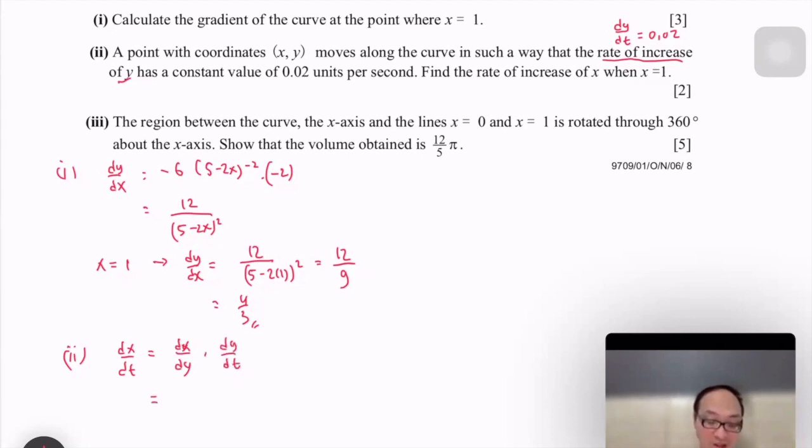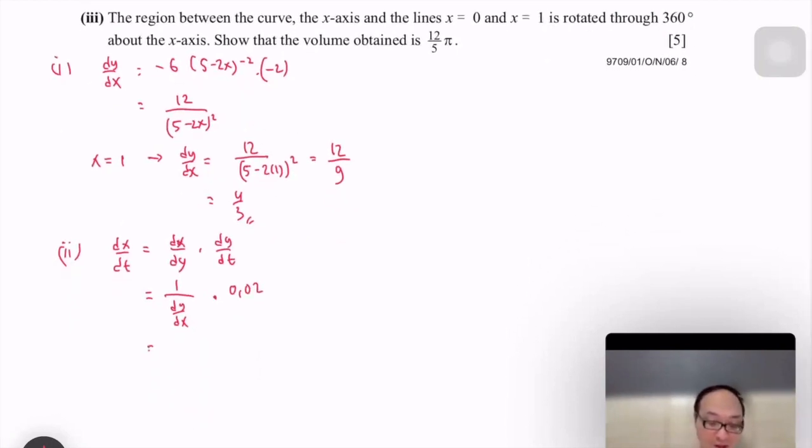So dx/dy when x equals 1 is equal to 1 over dy/dx, times dy/dt, which is 0.02. So this equals 1 over 4/3, and we can take the value from here because this is the value when x equals 1, times 0.02.